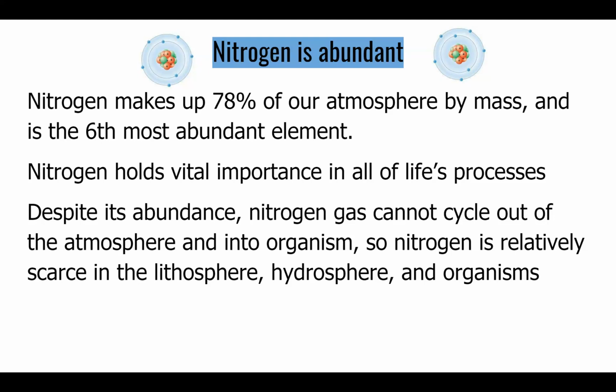So nitrogen gas. Nitrogen is a diatom, which just means that it likes to hang out in groups of two. So like oxygen gas likes to stay as O2, nitrogen gas likes to stay as N2, which just likes to have a buddy. So N2 is nitrogen gas.